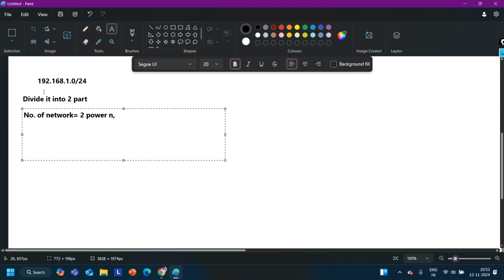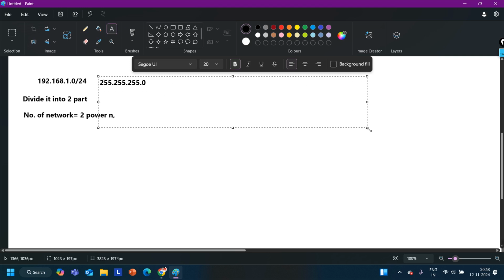By default, the subnet mask of class C is 255.255.255.0, which means in the first octet all values are 1, in the second octet all values are 1, in the third octet all values are 1, and in the fourth octet all values are zeros, right? So this n is nothing but the borrowed bit.